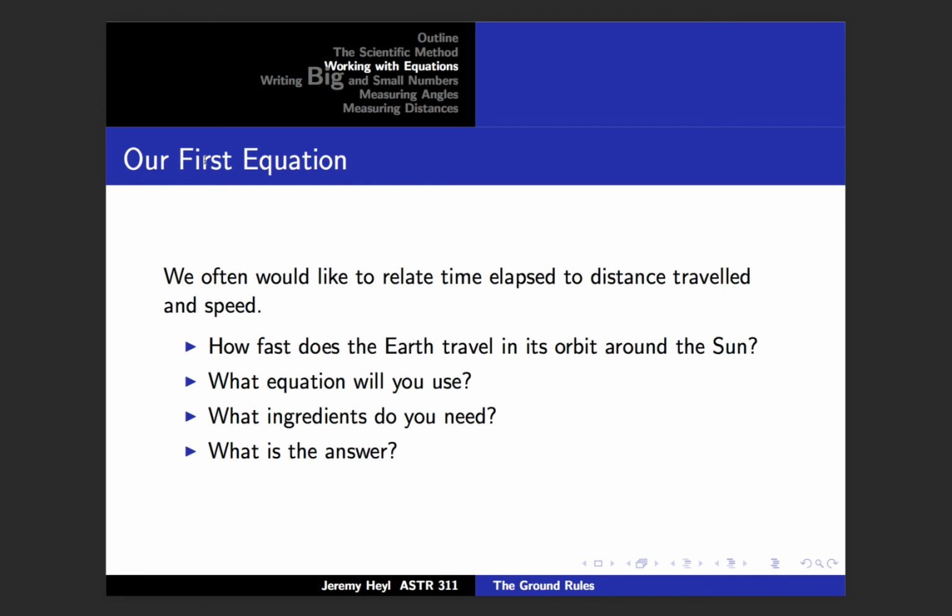I'm going to write it in kilometers, because that'll give us velocity in kilometers per time. Now, is it interesting to think about a velocity per year? Not really, right? We'd like to think about it per hour, or in astronomy, per second, right? Because things go pretty fast in astronomy.